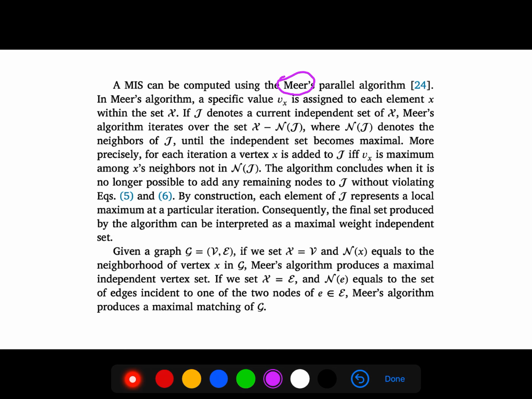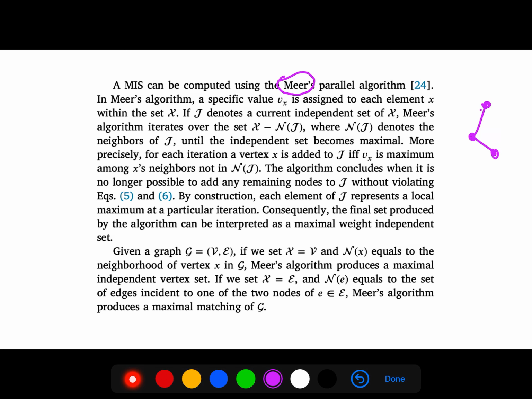A specific value is assigned to each element within the set. If J denotes a current independent set of X, Luby's algorithm iterates over the set, where N of J denotes the neighbors of J, until the independent set becomes maximal.